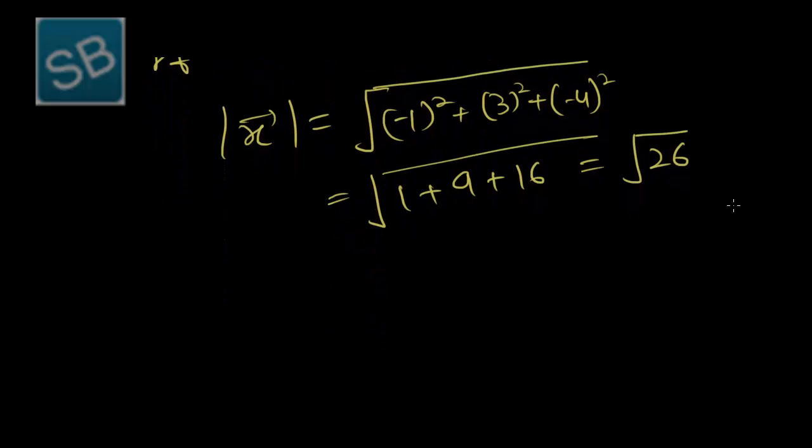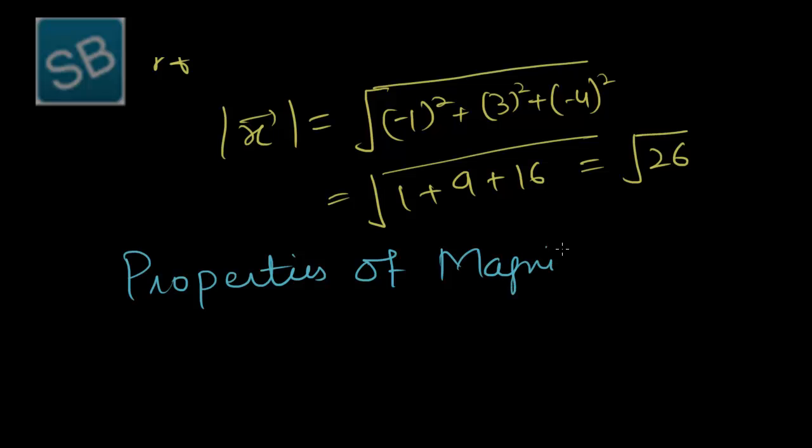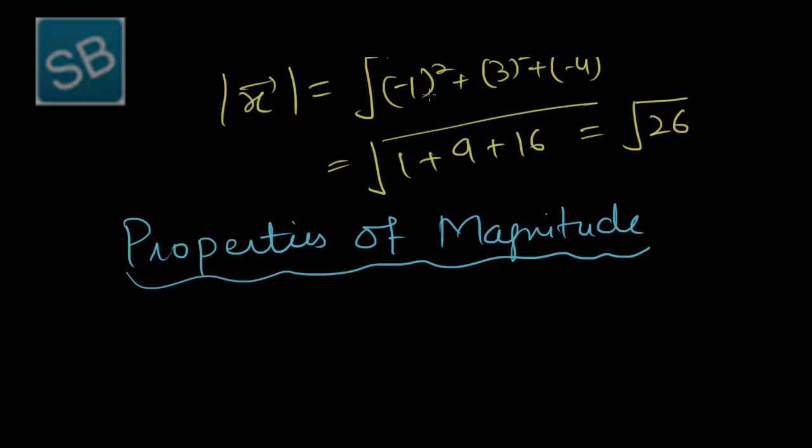Now we will discuss some properties of the magnitude, modulus x. As it is the sum of square quantities, it will give a positive result because it is the magnitude.